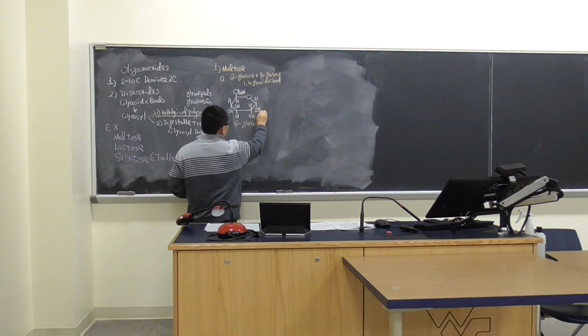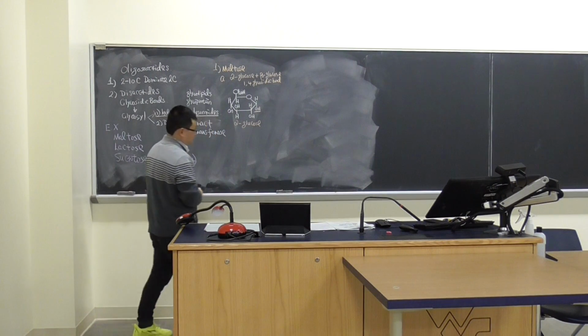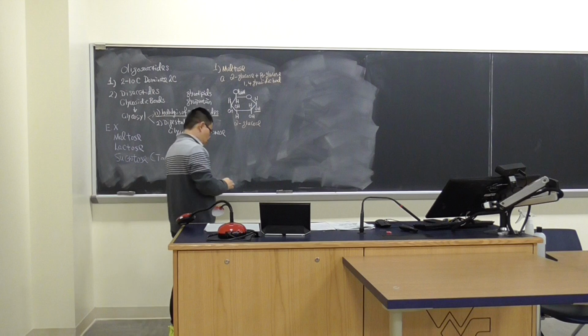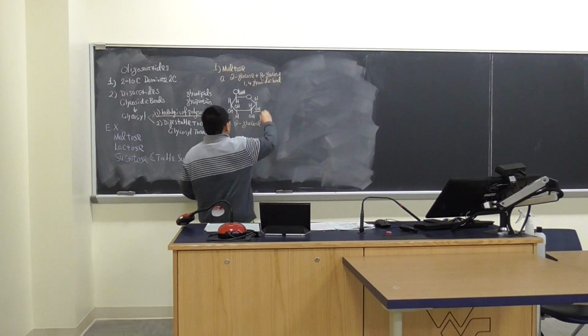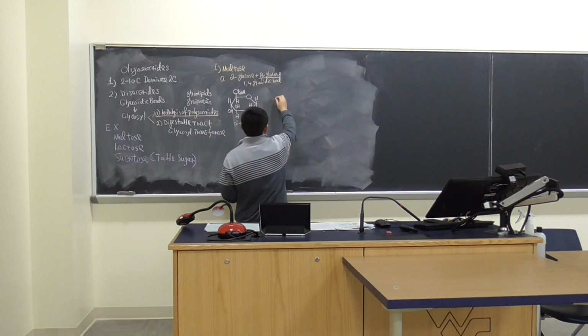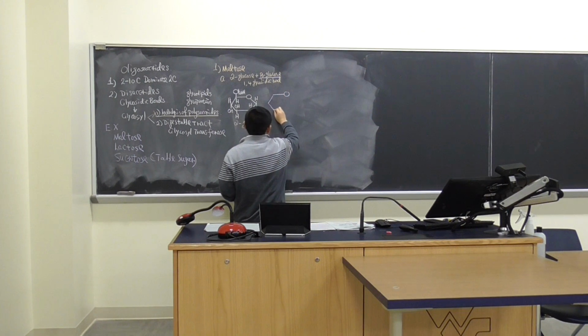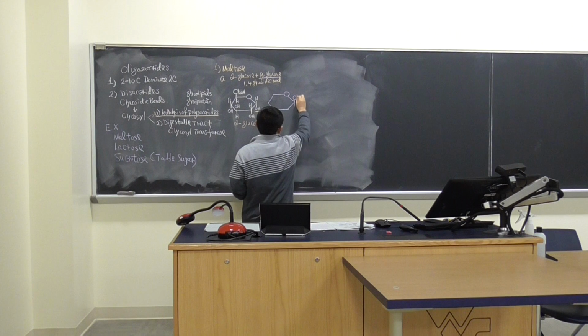Be careful, this is called alpha because the OH goes down. If the OH is up, we call it beta. Now, what is beta glucose? Let's draw it right here. This is easy, not difficult, but it is important to know, because these structures look very similar.